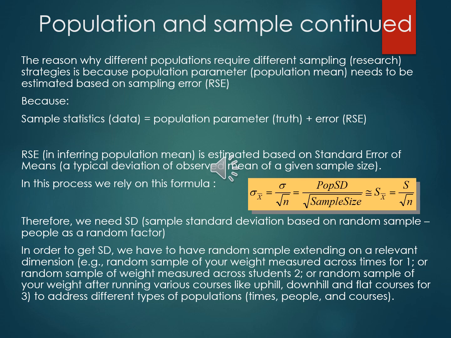Then whatever the variation in the courses included in the sample, say that you're running 10 different kinds of courses, a standard deviation of the weight across running these 10 different kinds of courses should be in the numerator, and it needs to be divided by square root of 10.